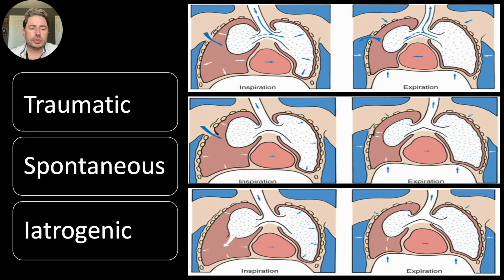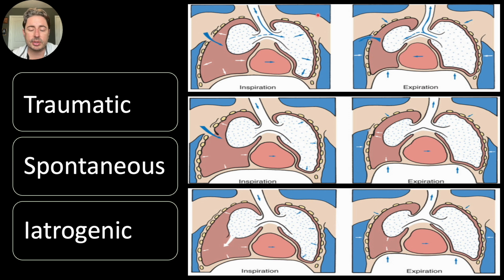So when we talk about traumatic injuries, this could be a penetrating wound to the chest, whether it's a knife or a bullet or some sort of impaling object. This could be getting stabbed between the ribs and it puncturing the parietal pleura. But the pleural space is in direct contact with the atmosphere.